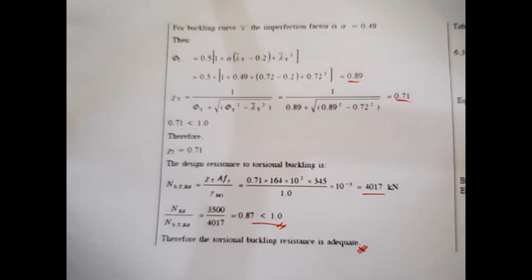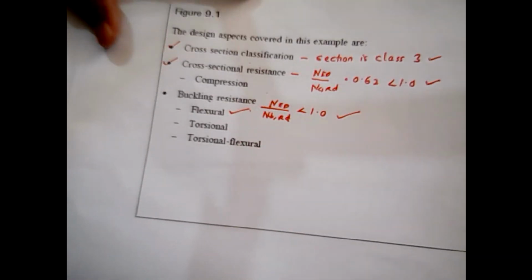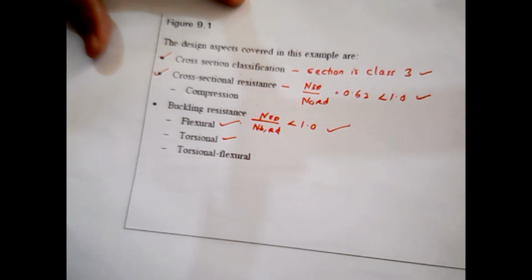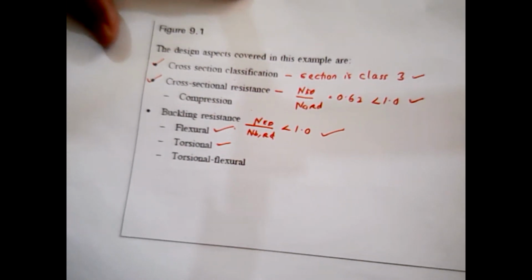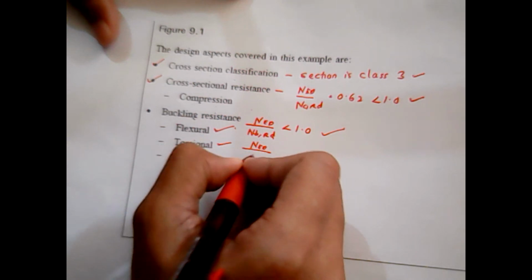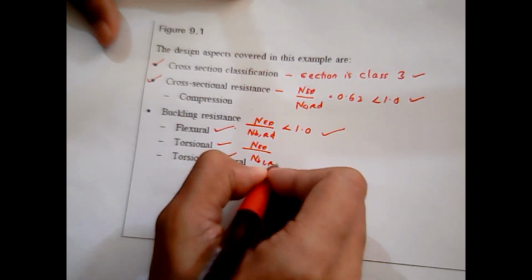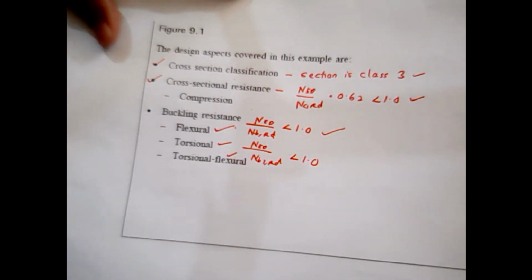So to conclude, we are done with torsional resistance, where your NEd over NbTRd must be less than 1.